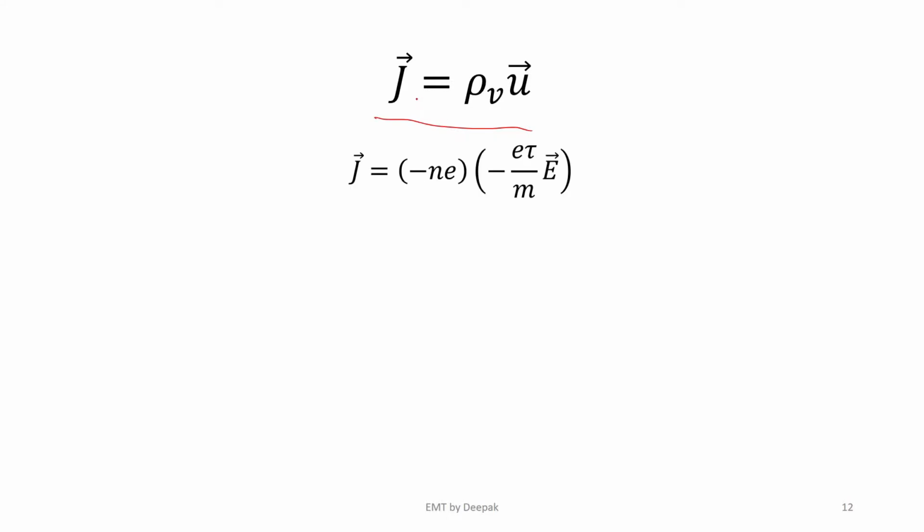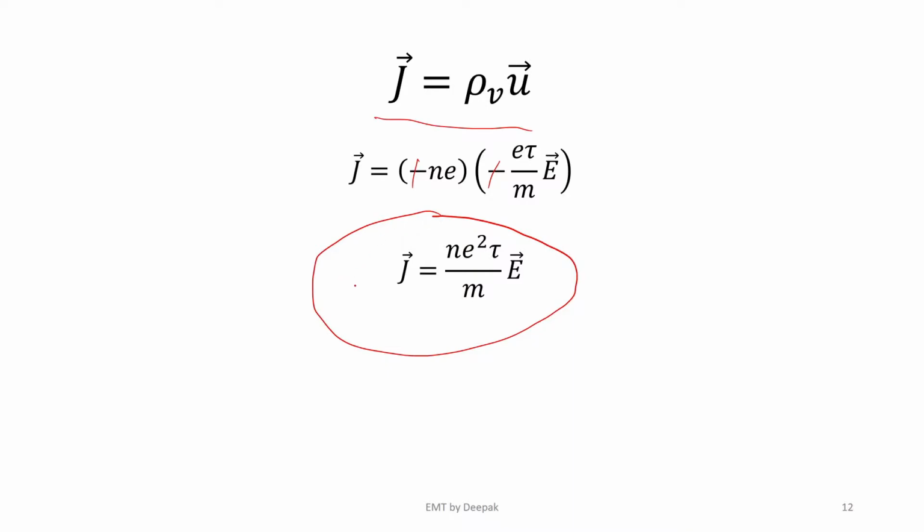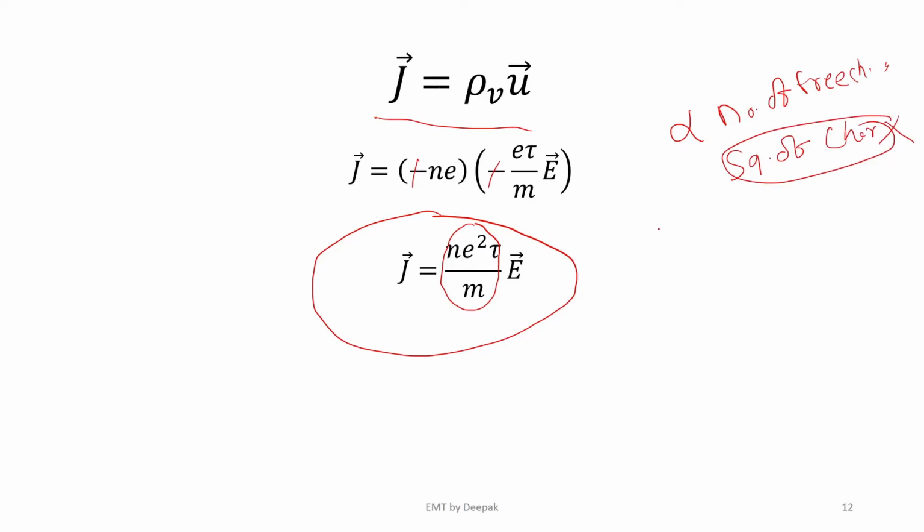Hence, J bar now equals minus n e times minus e tau by m times electric intensity E. Upon the multiplication, I will get n e square tau by m times E. You observe this parameter is directly proportional to the number of free charges, and directly proportional to the square of the electron charge, but that is constant, right? I don't have to worry about that.